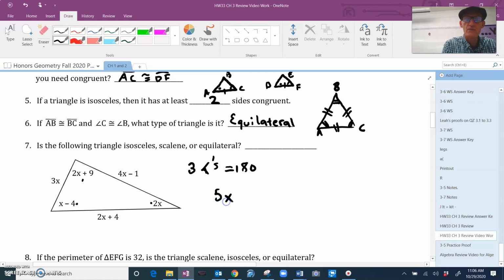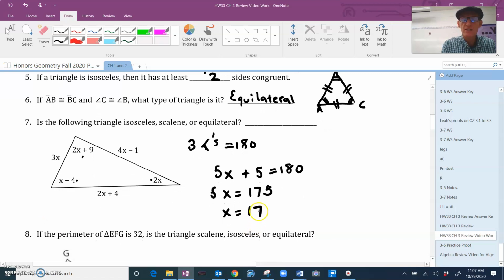So 5x, and 9 minus 4 is 5, so plus 5 equals 180. So that tells me that 5x equals 175. So x is equal to 175 divided by 5, which is 17. So x is equal to 17.